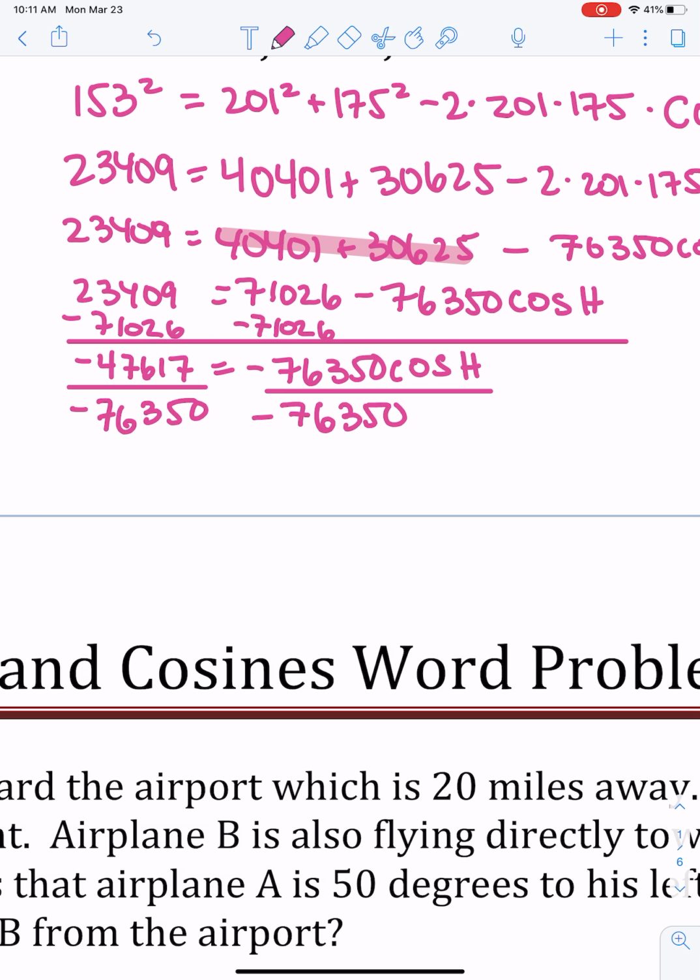Okay, and if I divide that, let me type it into my calculator. Divided by negative 70350, and that gives you 0.6237 equals cosine H.